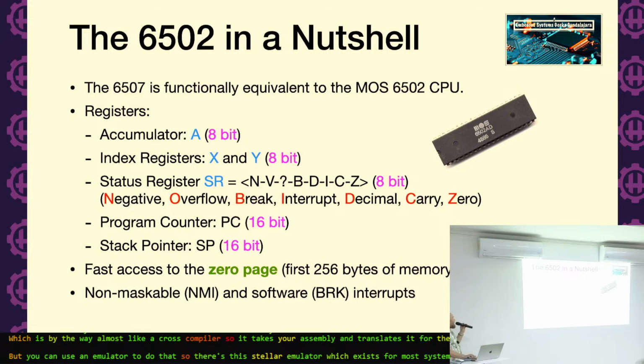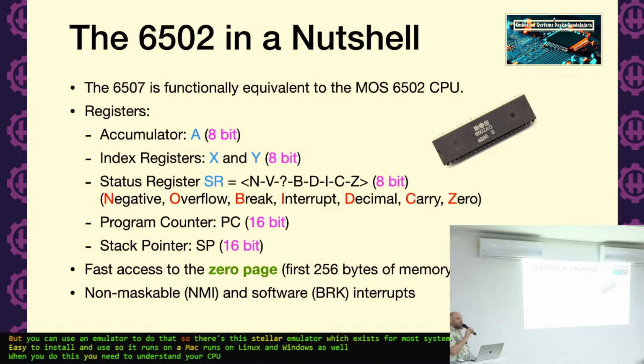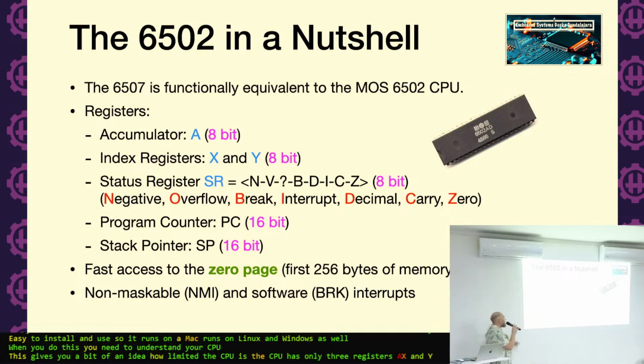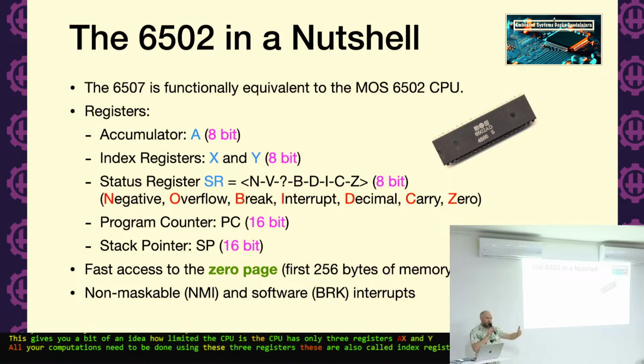When you do this, you need to understand your CPU. This gives you a bit of an idea how limited the CPU is. The CPU has only 3 registers, A, X, and Y. All your computations need to be done using these 3 registers. These are also called index registers because you can use them to do indexing relative to some memory address. They can be used as counters, which is often the case.